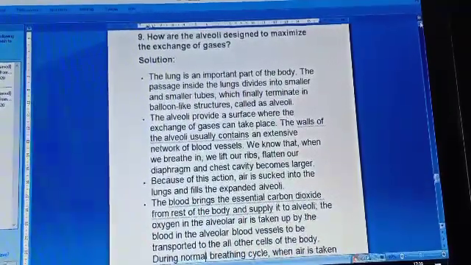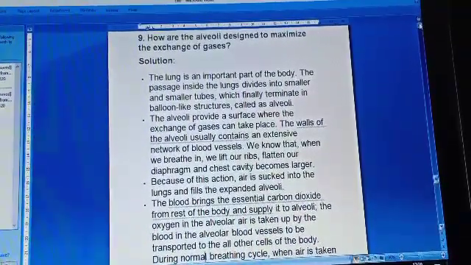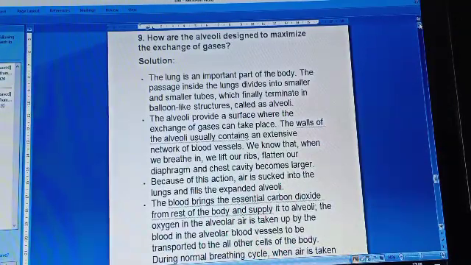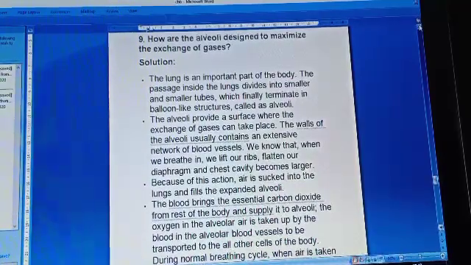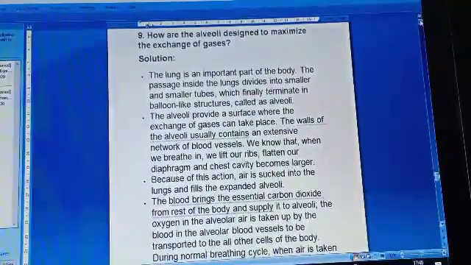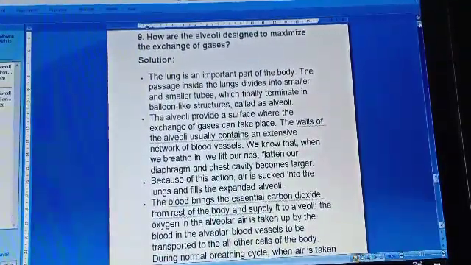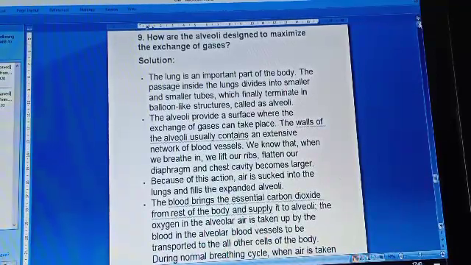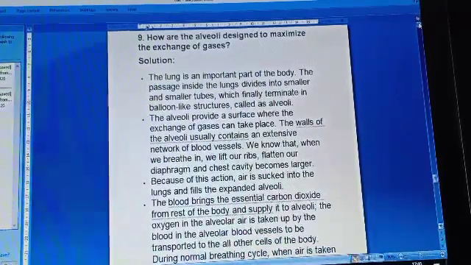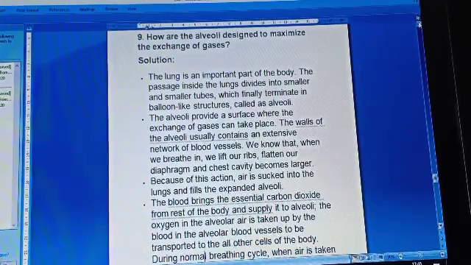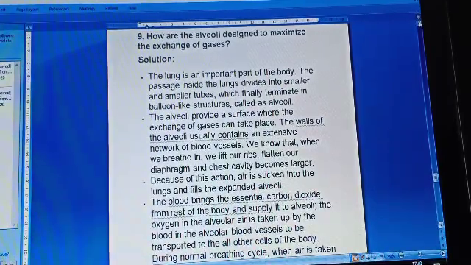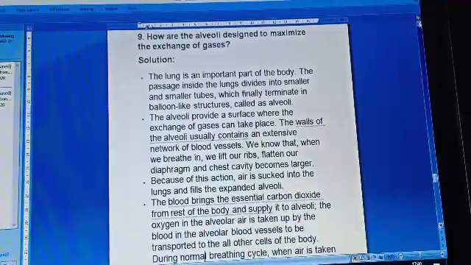Due to the expansion of the alveoli, the surface area increases, which helps to maximize the exchange of gas. The blood brings carbon dioxide from the rest of the body and supplies it to the alveoli. Here the alveoli contain more oxygen as compared to the body.